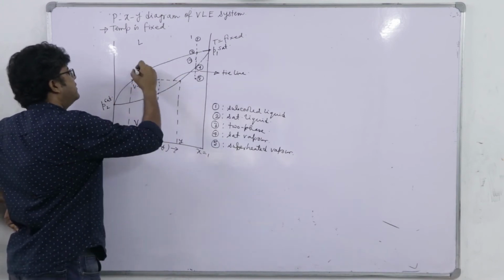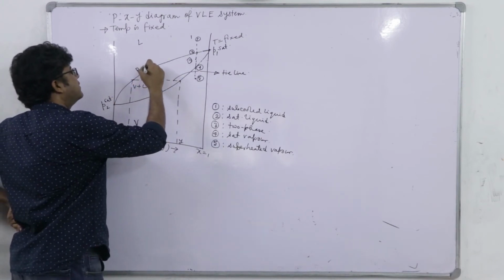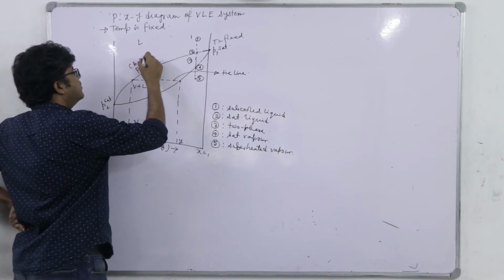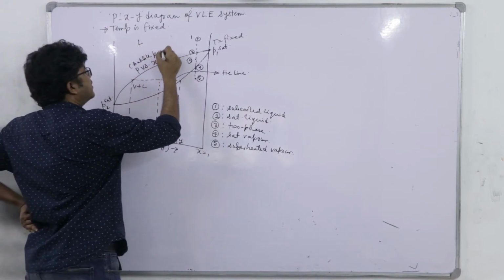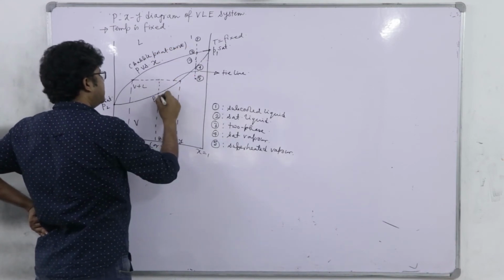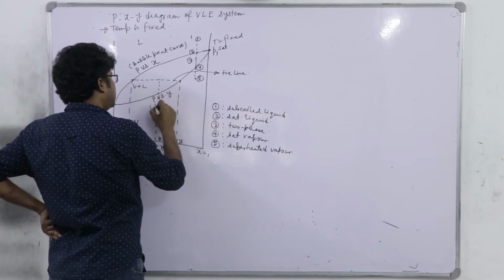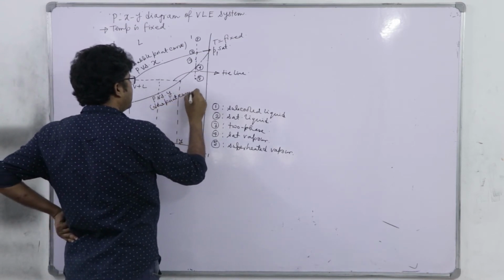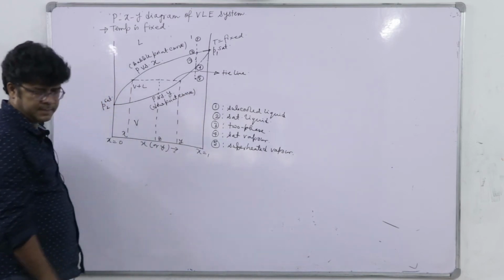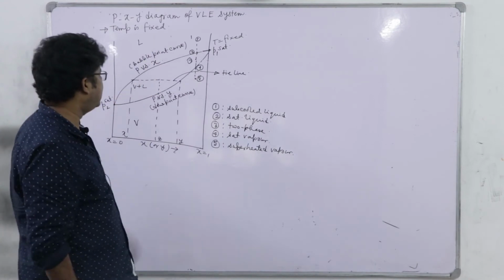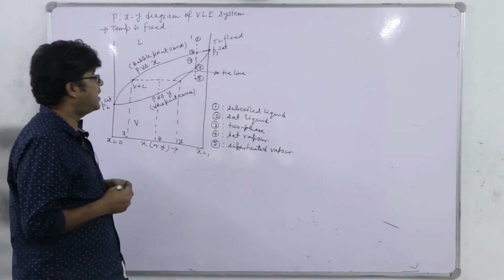And naturally, this is the P versus X plot, which is the bubble point curve, and this is P versus Y plot, that is the dew point curve. So that is the basic idea of PXY plot.